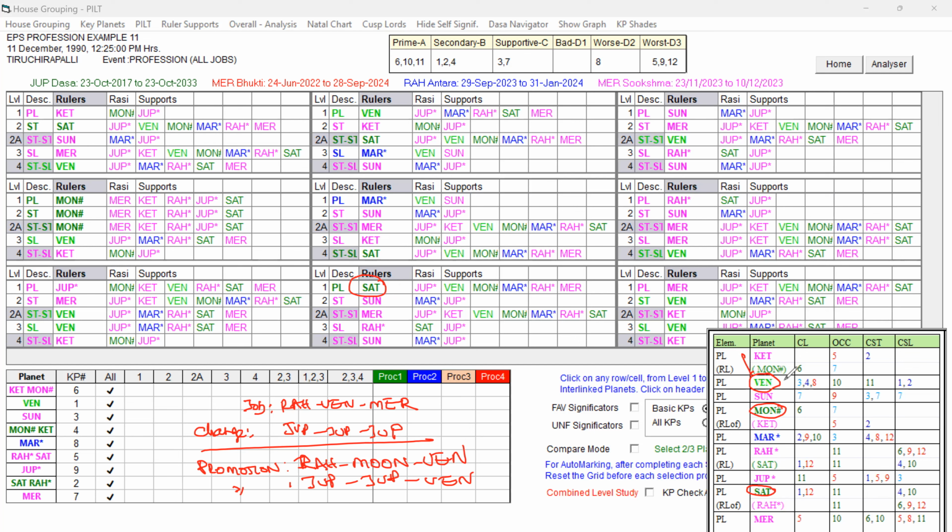And Ketu representing Moon. Jupiter is also supportive. And Mercury is the planet causing change. Favorably Saturn, Moon, and Venus, and Mars also comes under favorable with some obstacles.